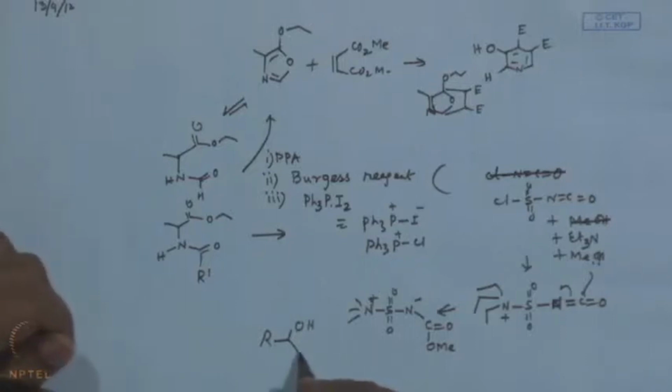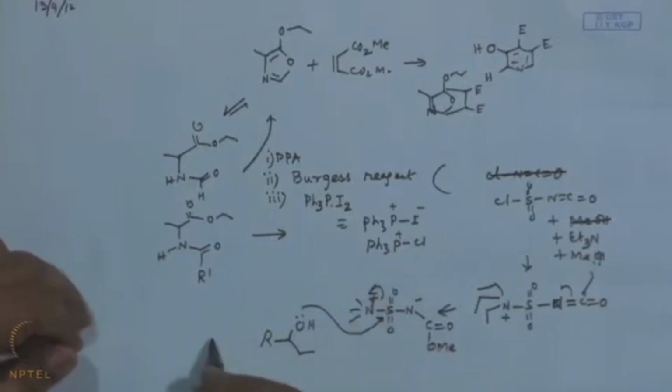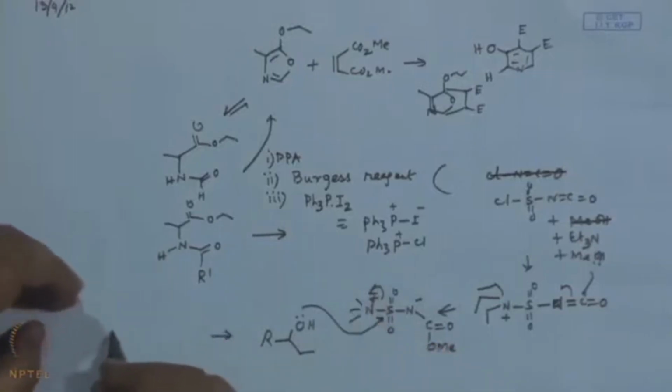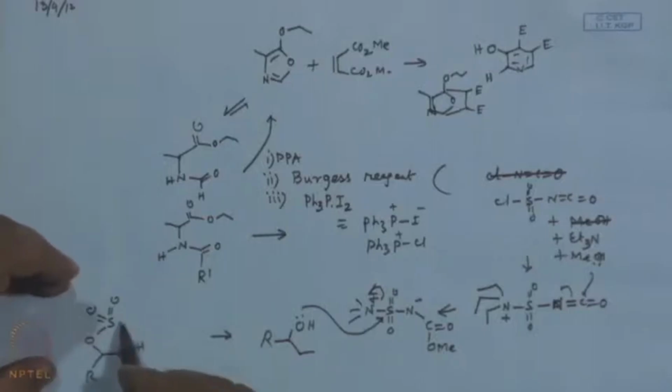So what is expected here, this alcohol part would displace the amine. So, what you will see, then sulfone is there, then O and this R, and then you have a hydrogen up here, and then N, this is a carbamate moiety.